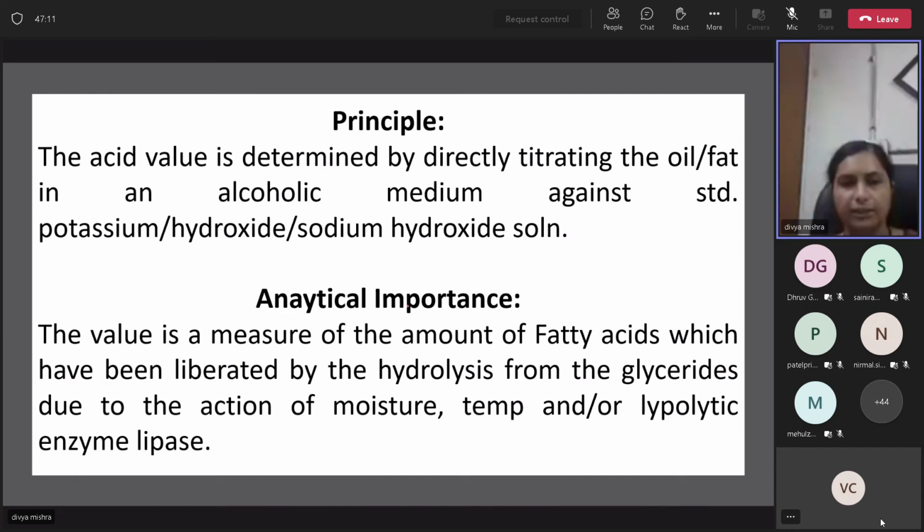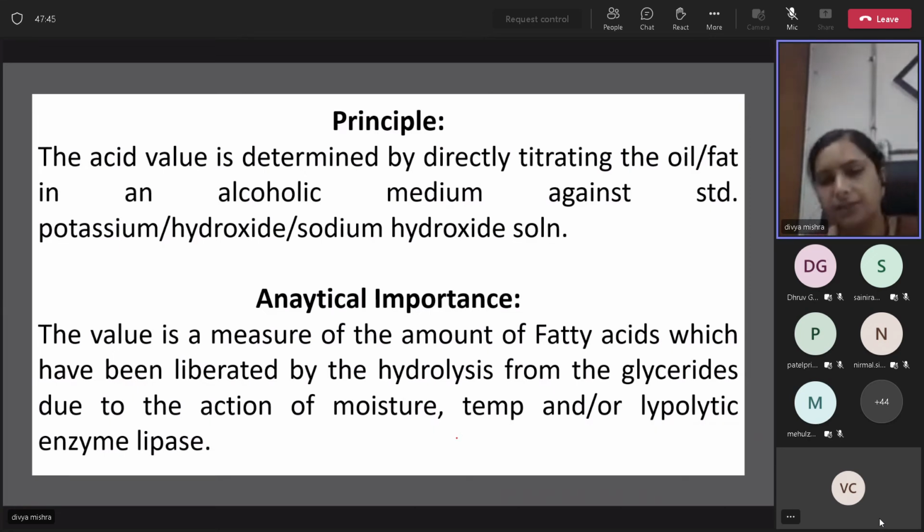It has analytical importance. The fatty acid which is liberated here may be due to the atmospheric reaction or the hydrolysis of the glycerides, perhaps due to high temperature. If we keep the wafers packet open, after some days it appears to be stale.